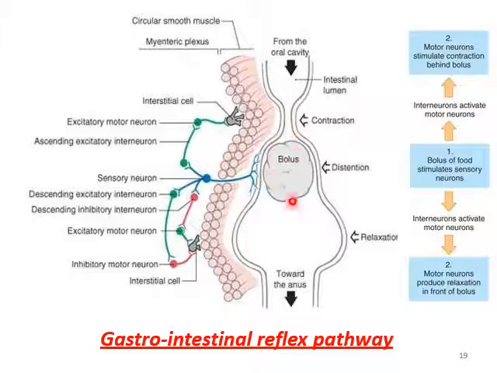Of course, if the intestine stays tight and contracted, the bolus won't be able to go down. So for it to go down, you need a relaxed segment in front of it.